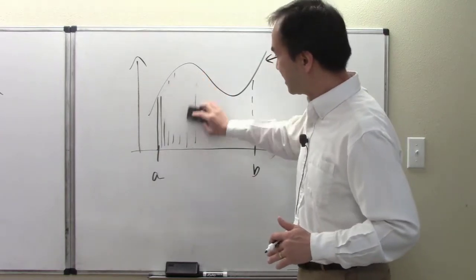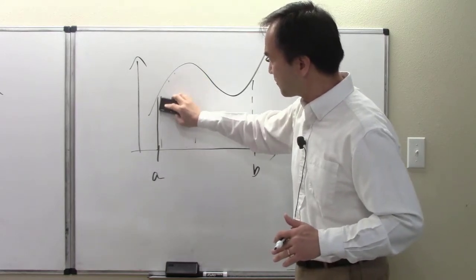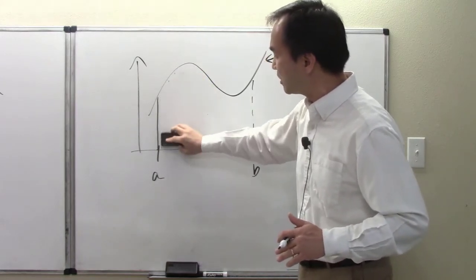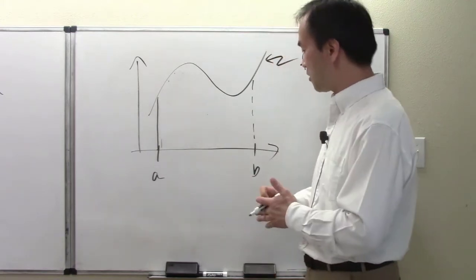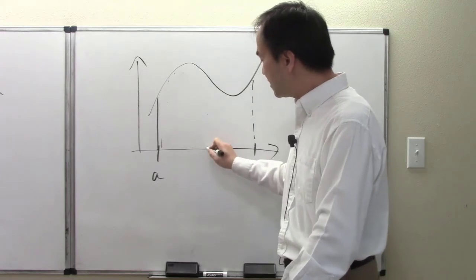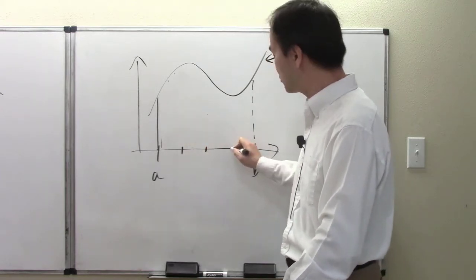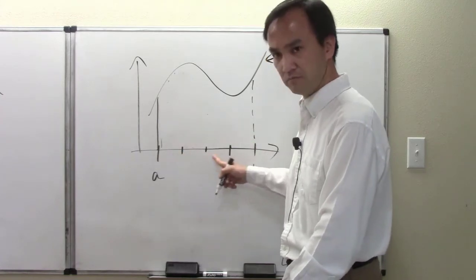But I kept saying that any of these methods share quite a few similar ideas with the Riemann sum, so we got to look back at the Riemann sum a little bit. The biggest idea in Riemann sums was that we have to break our total interval into subintervals.